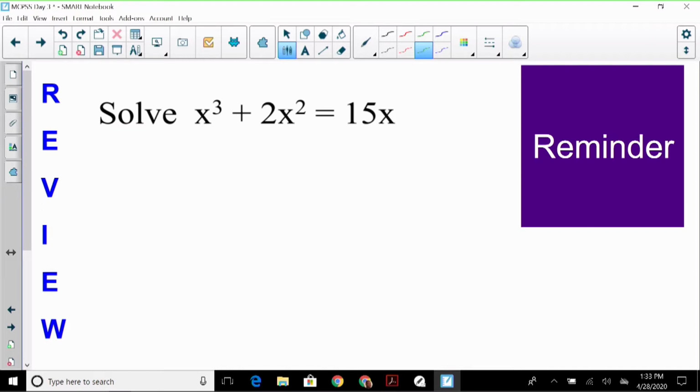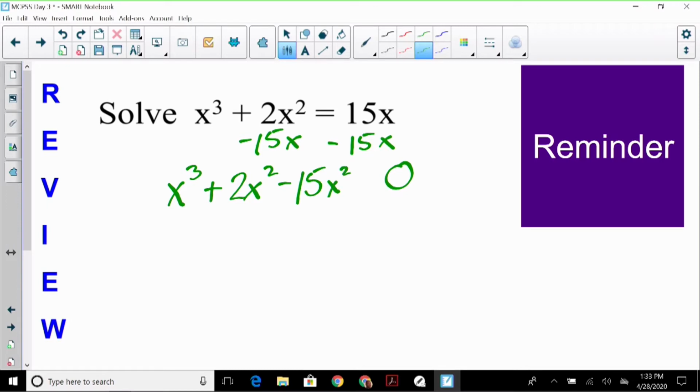What if we needed to solve an equation? We will subtract 15x from both sides because we need to get 0 on a side by itself. So here we have x to the third power plus 2x to the second power minus 15x to the second power.